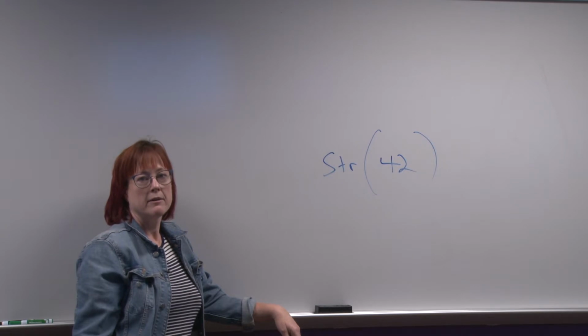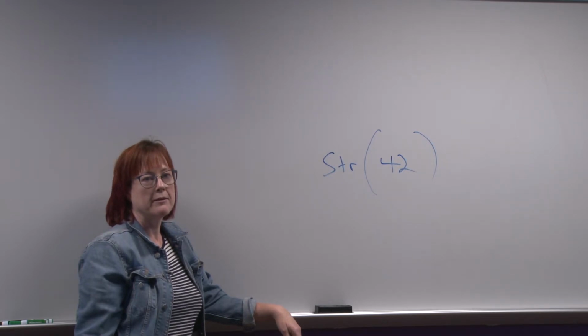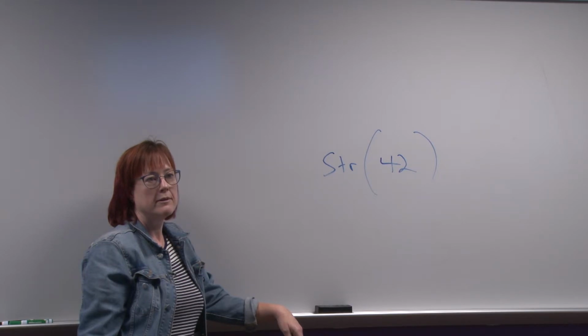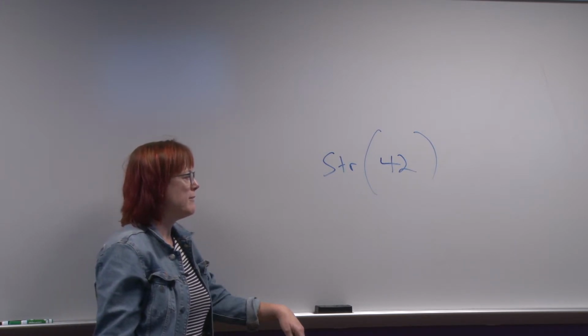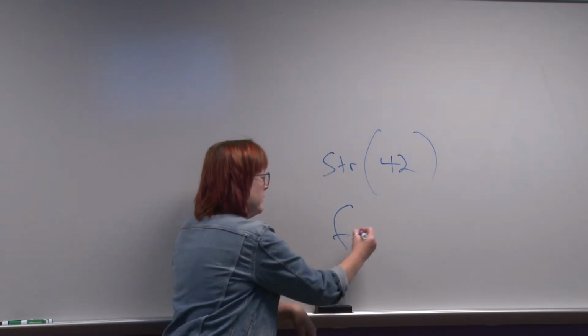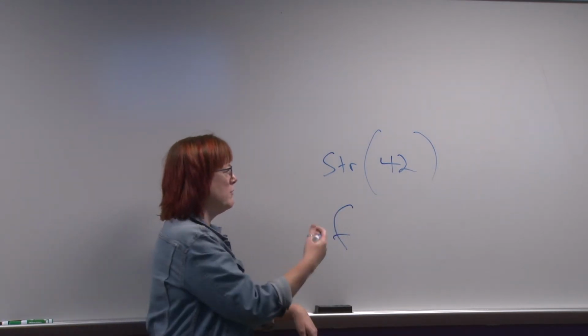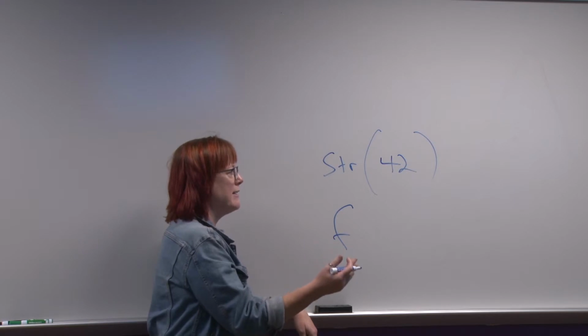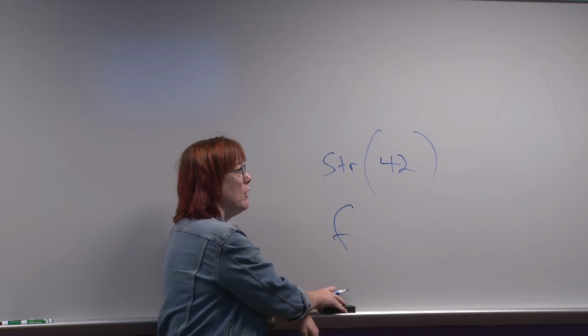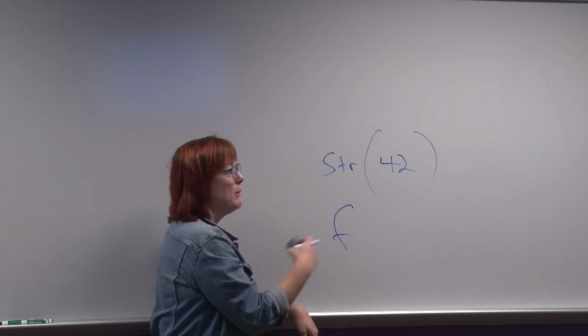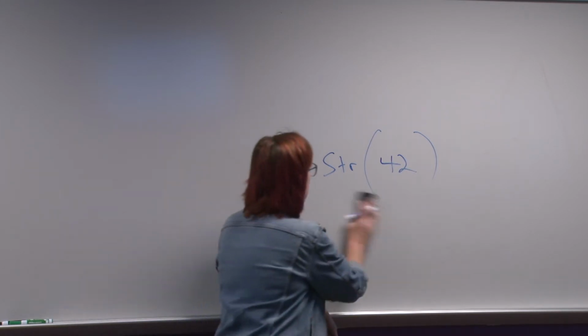What other command converts something to a string indirectly? Going the other way for output, what other command would convert something to a string? I'll give you the first letter. There you go. So we can do format, and we can concatenate a string, and so you must be able to convert it before writing. When reading in, if we're going to do math, we need to use int or float, depending on what we're bringing in, to work with those.